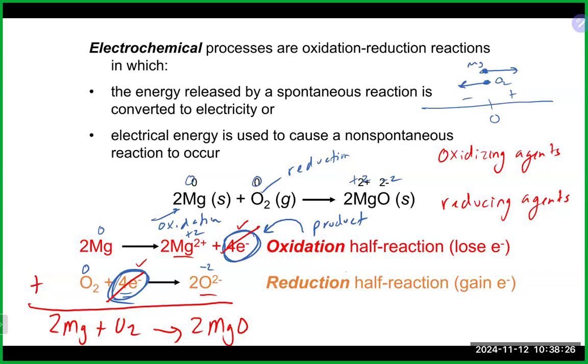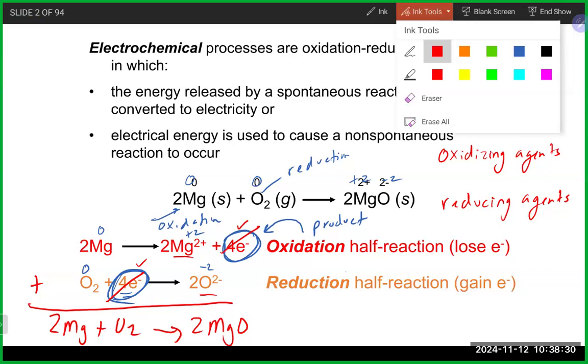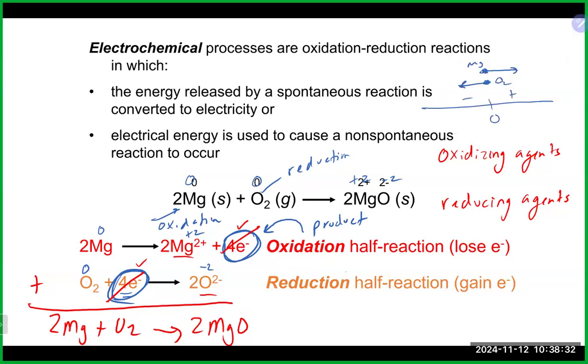So that is a different question than that one there. So if they talk about the oxidizing agent or reducing agent, the oxidizing agent is actually the substance that gets reduced. And the reducing agent is the substance that gets oxidized.